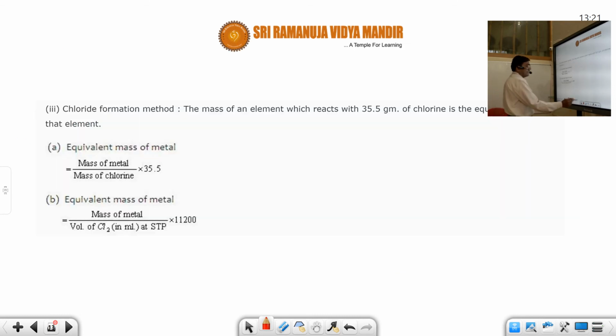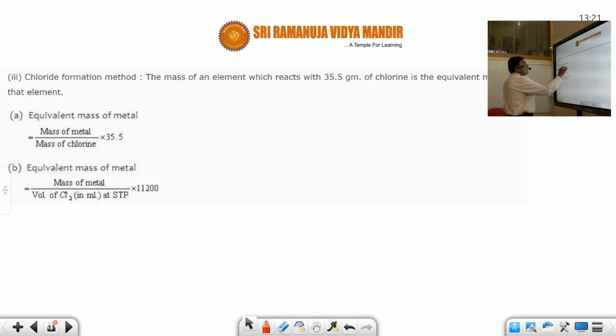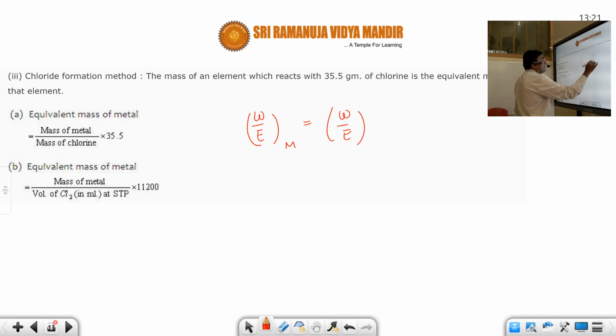Okay. Now let us see the next concept, that is chloride formation method. So chloride formation method, it is very simple here. Same thing, it is equivalent concept. Number of equivalents of metal is equal to number of equivalents of chlorine.